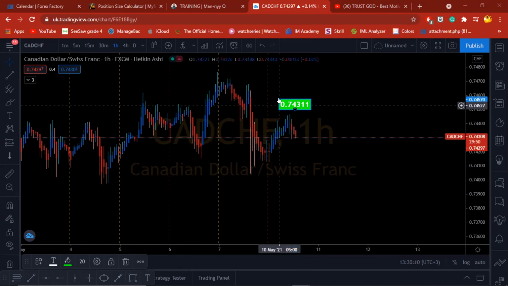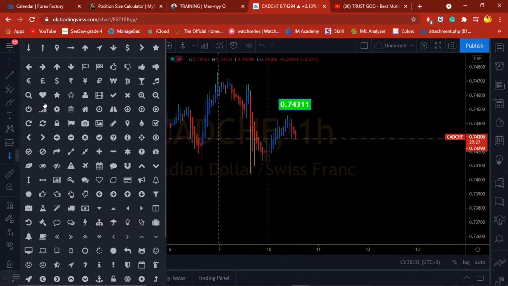You will only have one number before the decimal point. And this is how you can know how to calculate your pips.